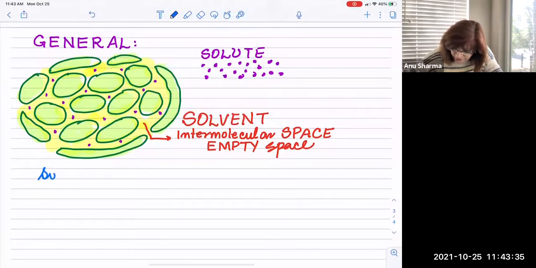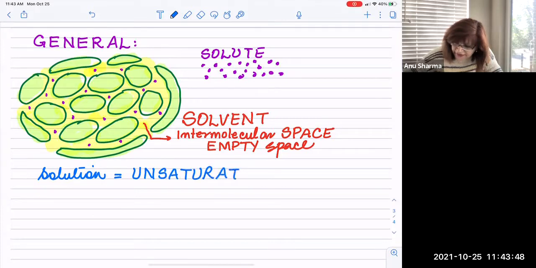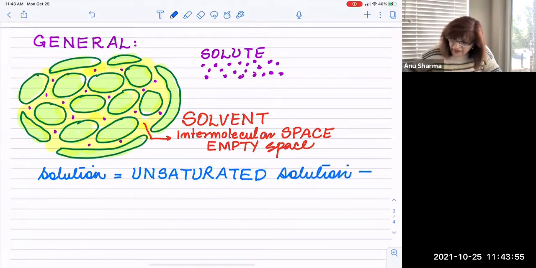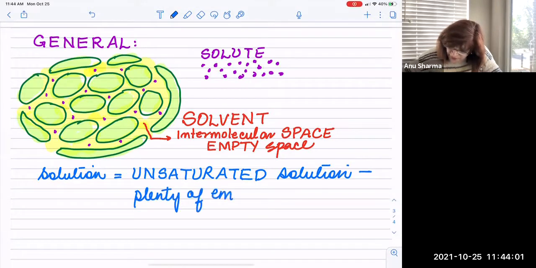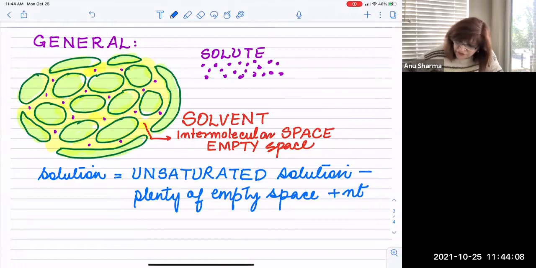So in general, what is solution formation? A solution is generally unsaturated when there is still empty space available. An unsaturated solution is where plenty of empty space is still present.